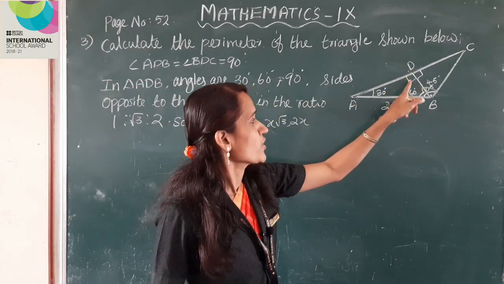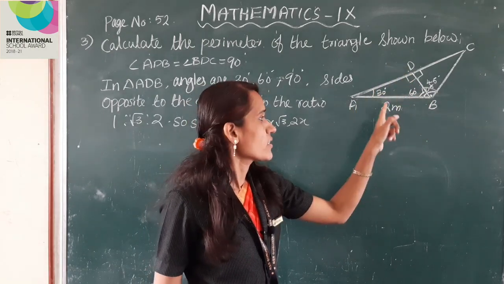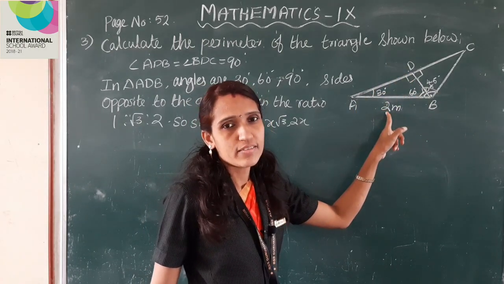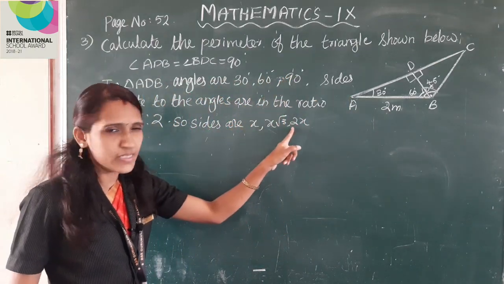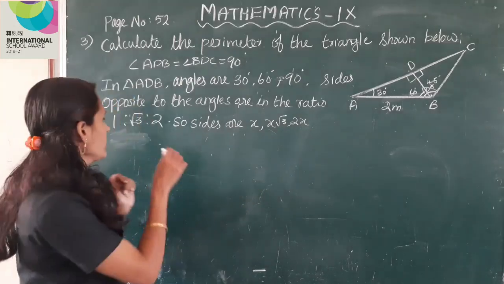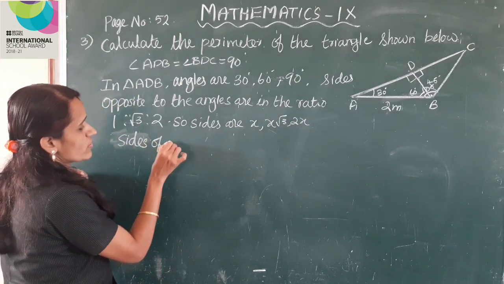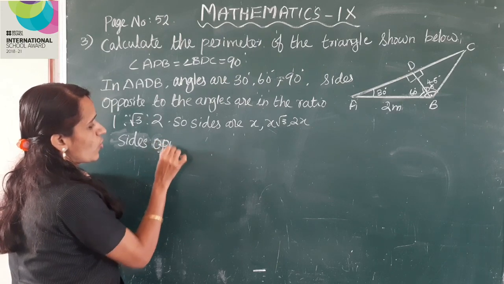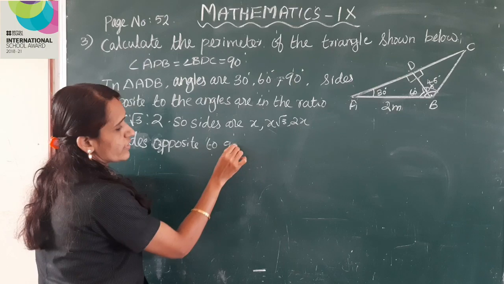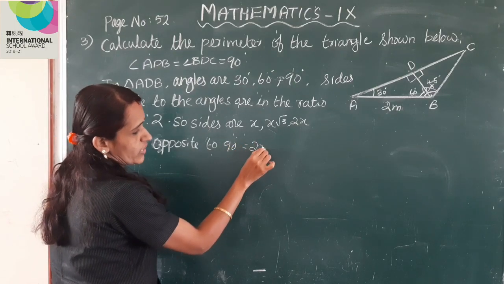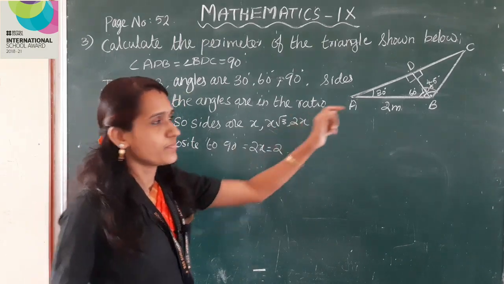Okay. Here, side opposite to 90 degree is AB. It is 2 meter. Side opposite to 90 degree is here 2x. This is equal to 2 meter.